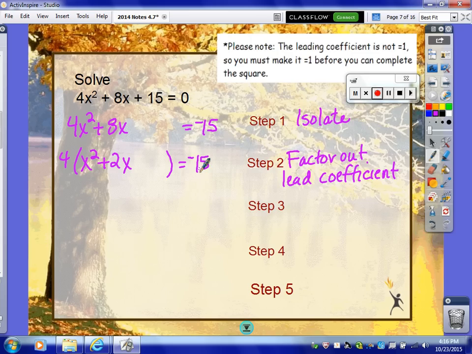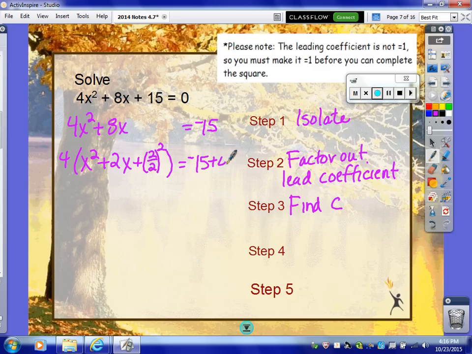Now let's find c. It's going to be half of b squared. Now be careful, because look at what we're actually adding to both sides. We've got half of b squared, but this needs to be multiplied by 4.